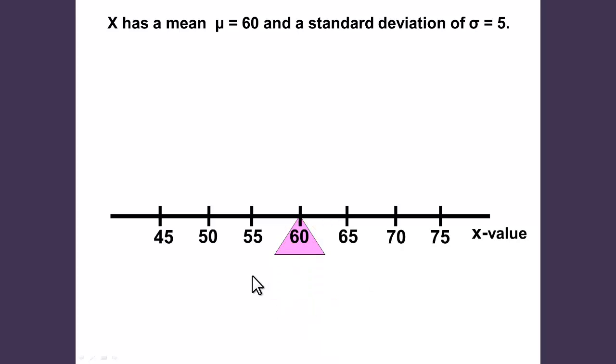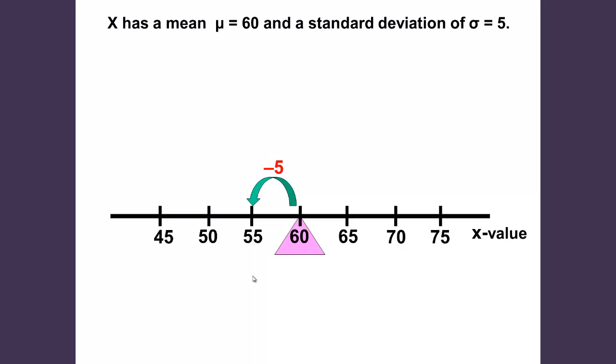What happens when we look to the numbers to the left of 60? 1 standard deviation jump of 5, 5 being the standard deviation, to the left, moves us down 5 to the x value of 55.